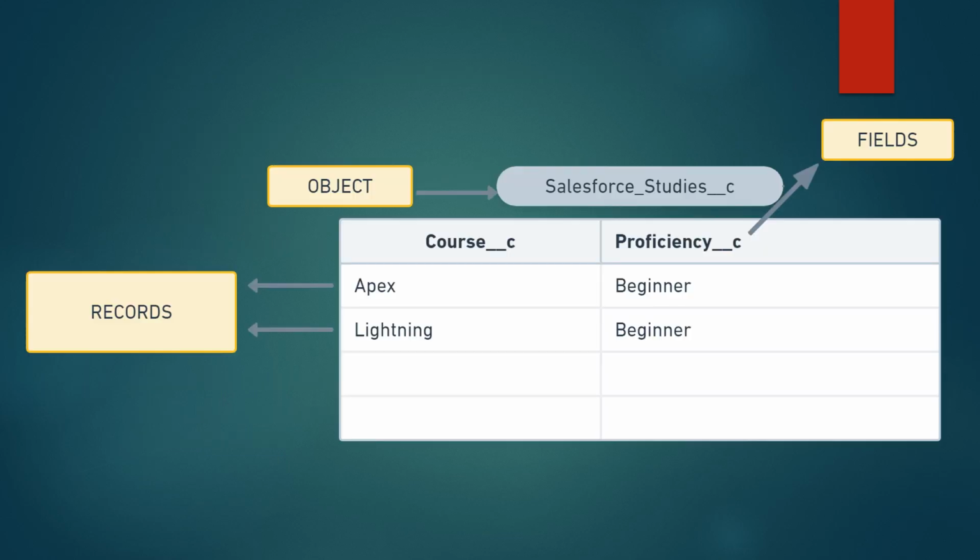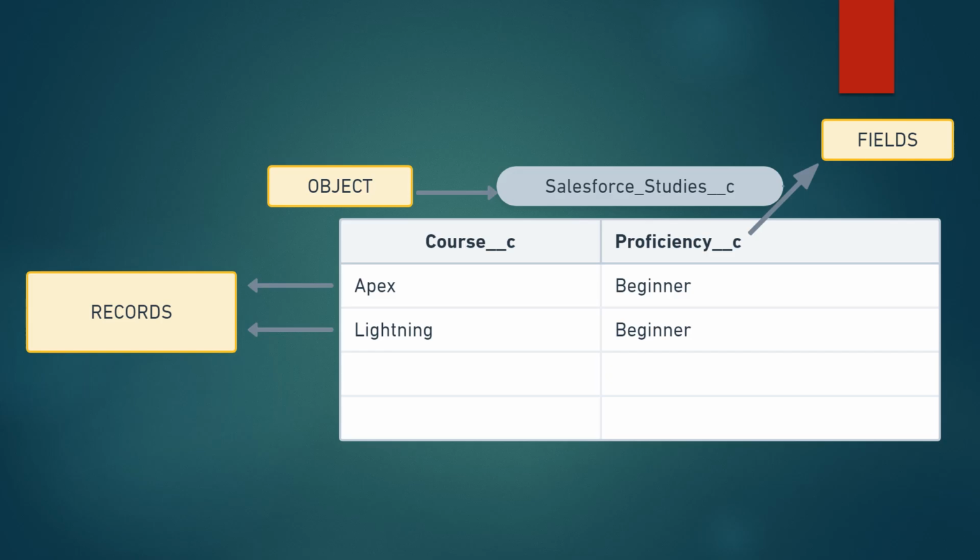So here is an example. I've shown you a table here. Salesforce_studies__c is the name of the object, a custom object. It is a table. Inside the table there are two columns, course and proficiency__c. These are fields. Now I have a table and I have columns, so I'll put records inside them.